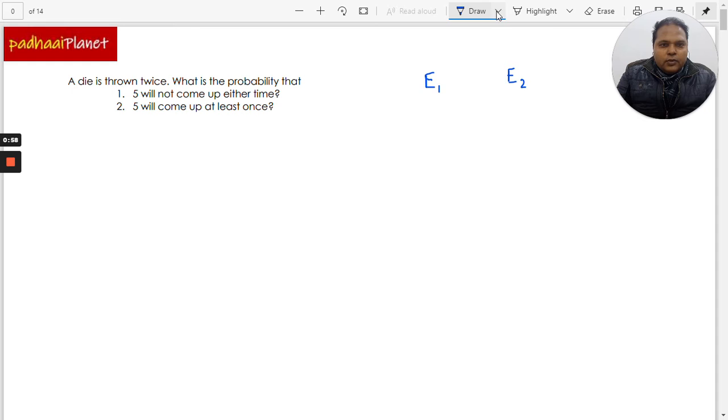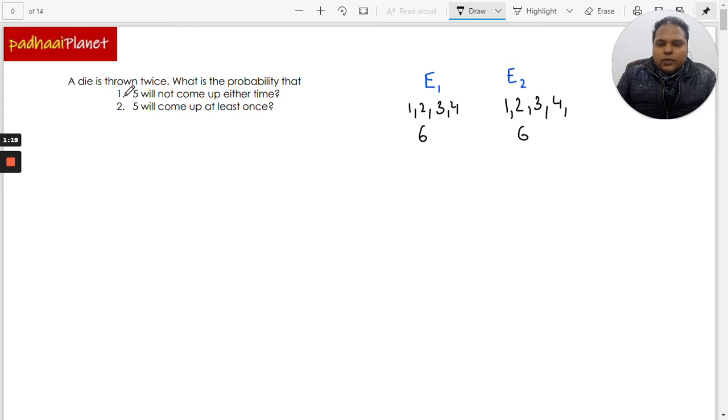So what will come is anything but 5. So it will be like 1, 2, 3, 4 and 6, right? Similarly, when the die is thrown the second time, everything could come but 5, right?